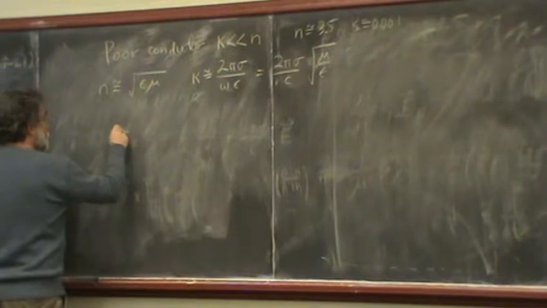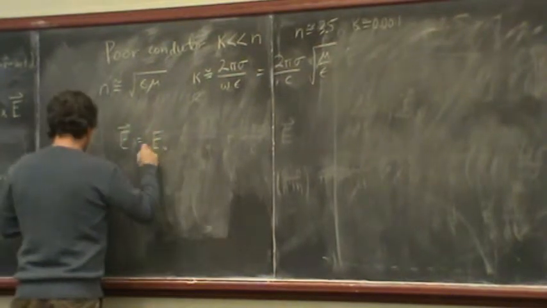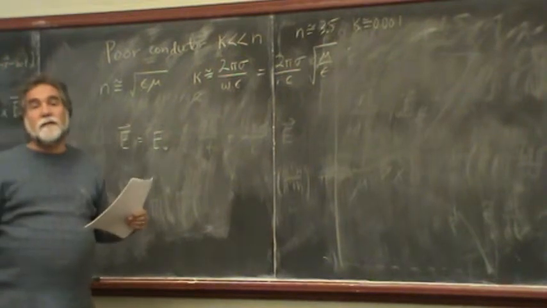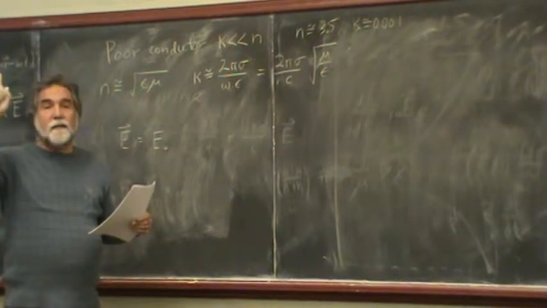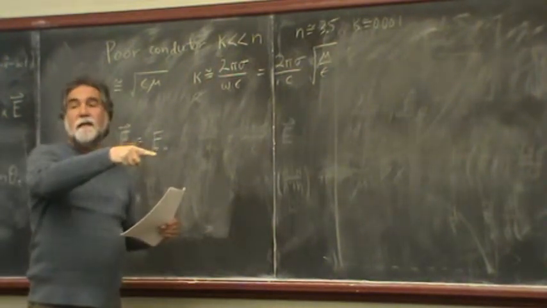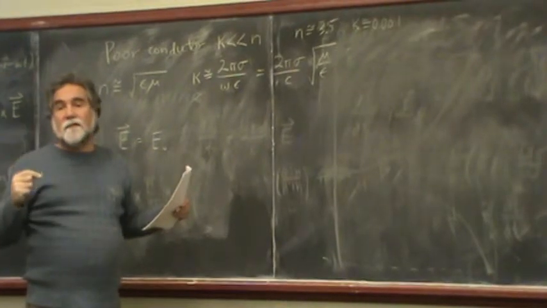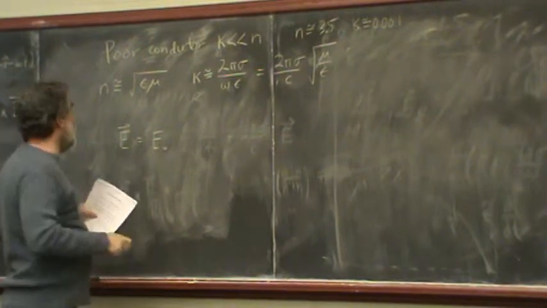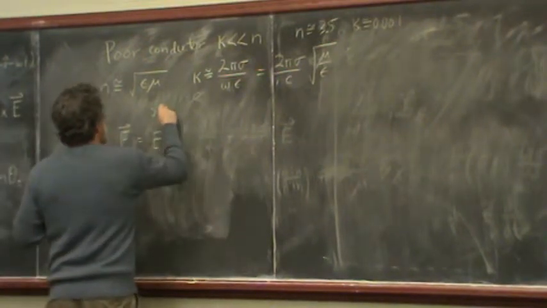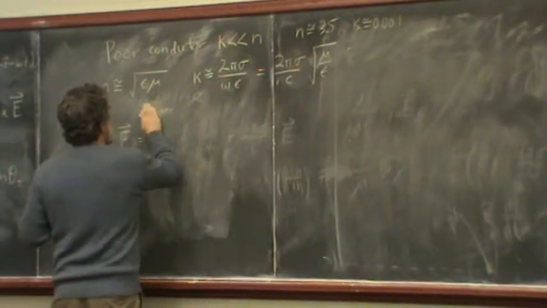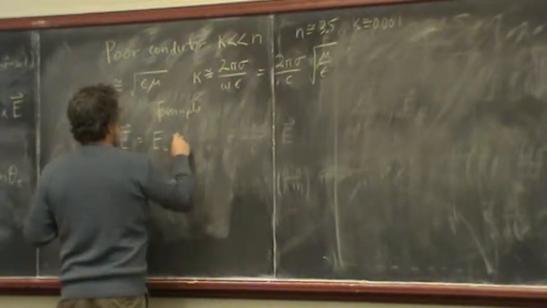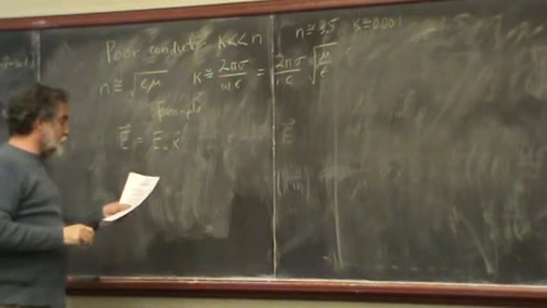Let me just arbitrarily choose my electric field: my propagation direction is z, and my electric field points in x. So this is a specific case, an example. So the electric field will look like that.